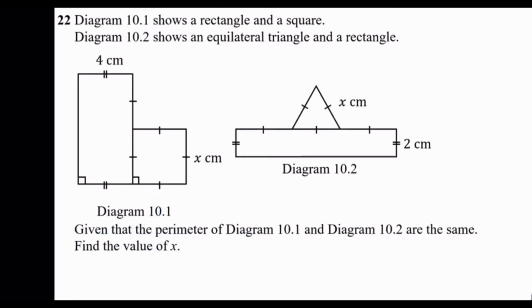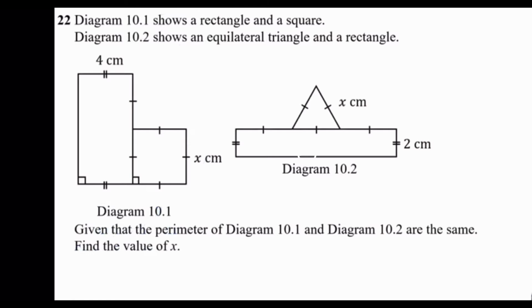So now I'm going to label all the sides so that I have a clearer picture of the perimeter. Let's label the side as x centimeters and the side with 2 centimeters for diagram 10.2. Before you do this question, you have to label all the lengths first before you add them up, so that you won't miss any of them.